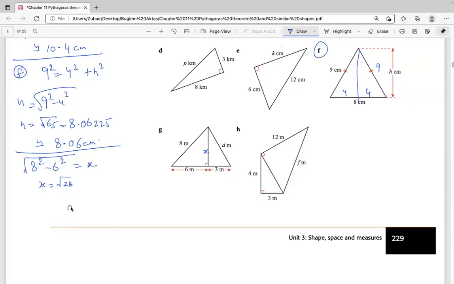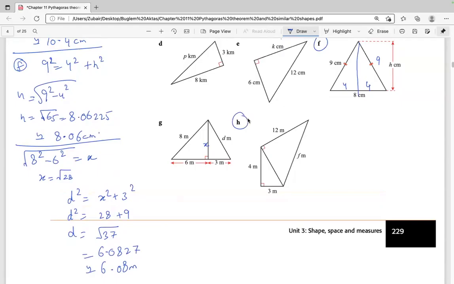Now we can use it. D square is equal to X square plus 3 square. X square is already 28, plus 9, 37 square root. And that would be 6.0827, approximately equal to 6.08. 6.08 meters.